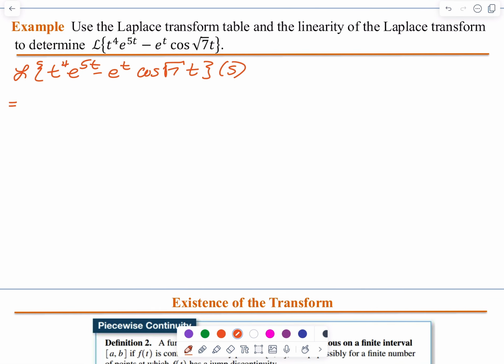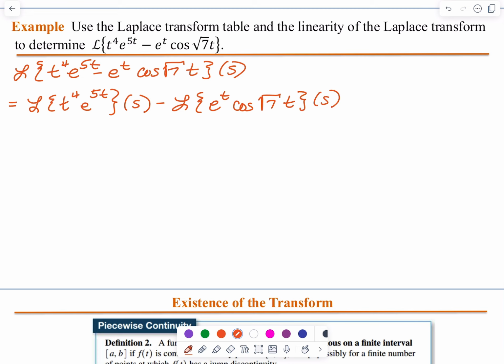is going to be equal to, and now let's use our linearity principle, the Laplace transform of t to the 4th, e to the 5t of s minus the Laplace transform of e to the t cosine root 7 multiplied by t of s.